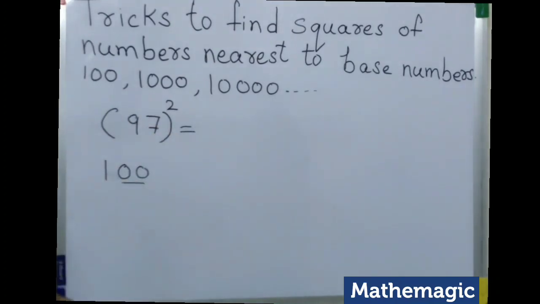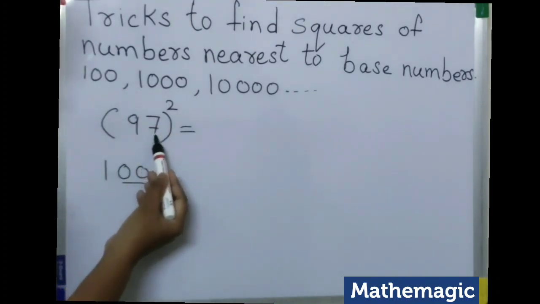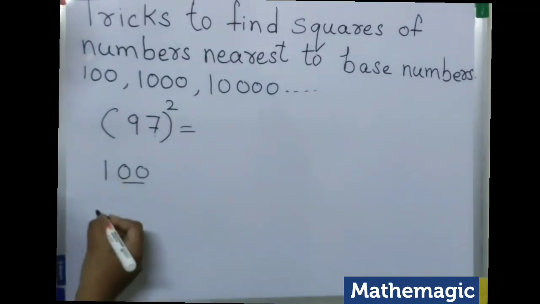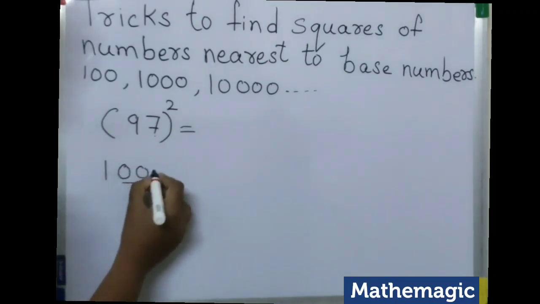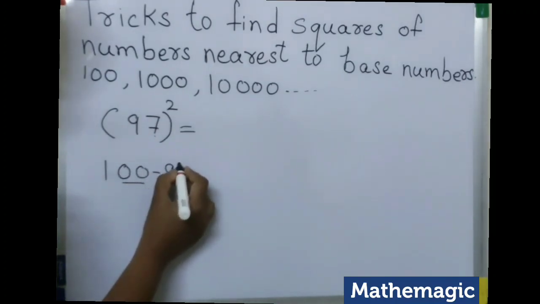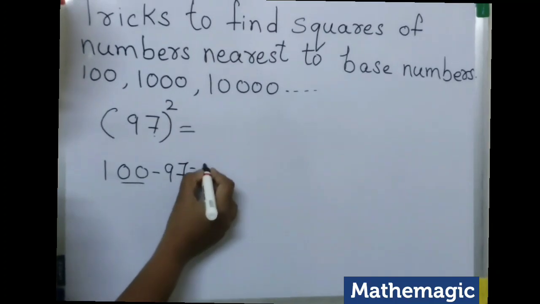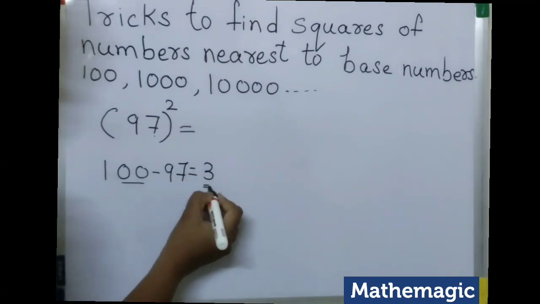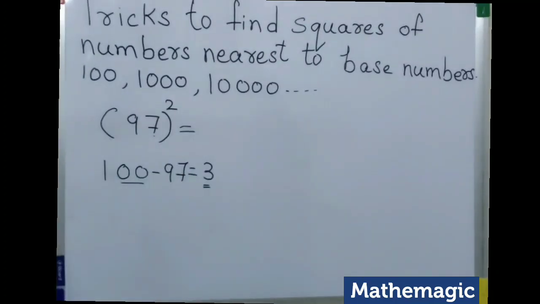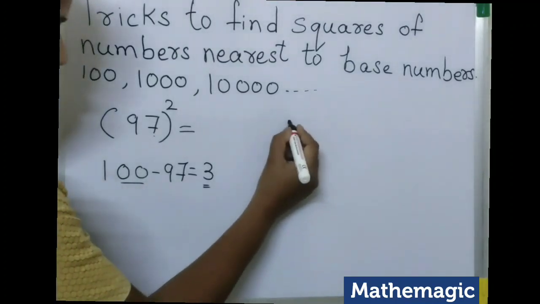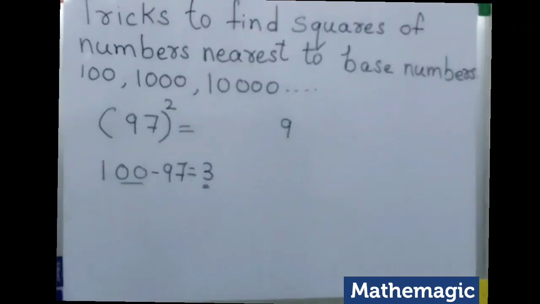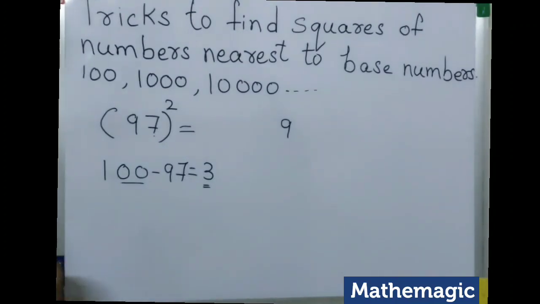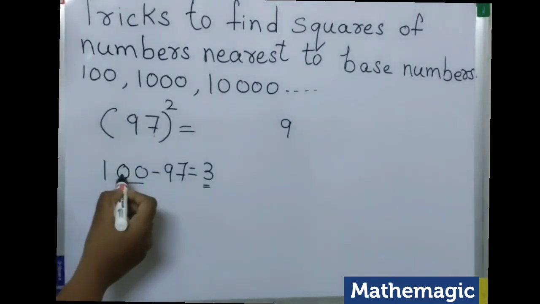While doing the addition part, we directly used to take the squares of the numbers in the ones place. Here a slight difference is there. 97 is 3 less than 100. So we have got the difference as 3. So we will take the square of 3. 3 square is 9. So I will write the number 9 over here. And then 2 zeros.